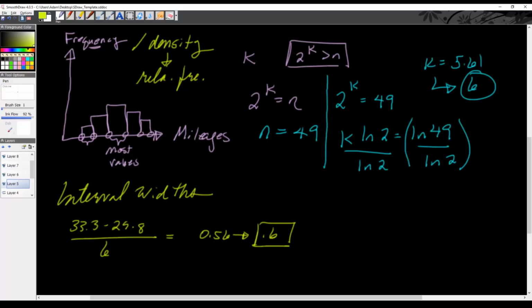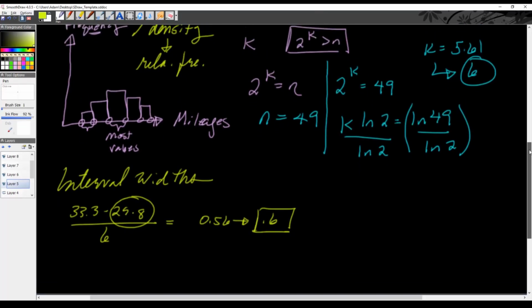In this case, it is 29.8. So let's see what this looks like. The interval would be 29.8, but less than 29.8 plus 0.6, which is 30.4.